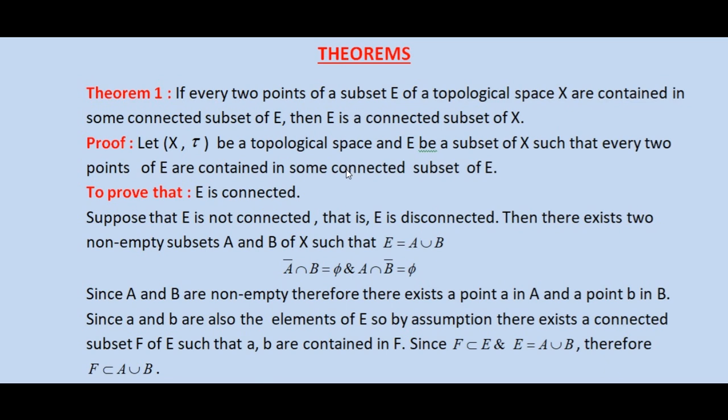Now, let us come to prove our main theorem, theorem 1. The theorem states, if every 2 points of a subset E of a topological space X are contained in some connected subset of E, then E is a connected subset of X. First, let us understand what this theorem states.